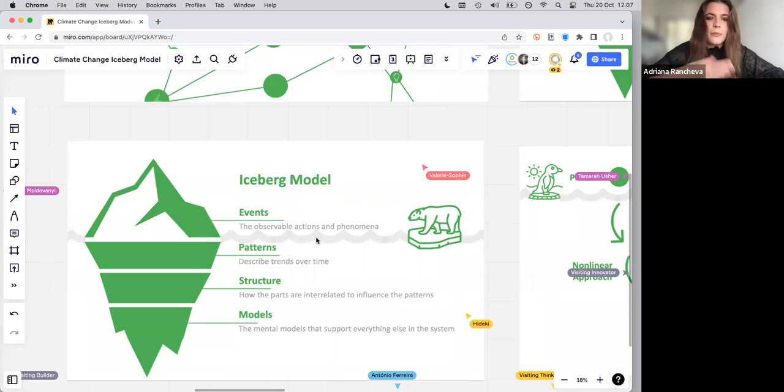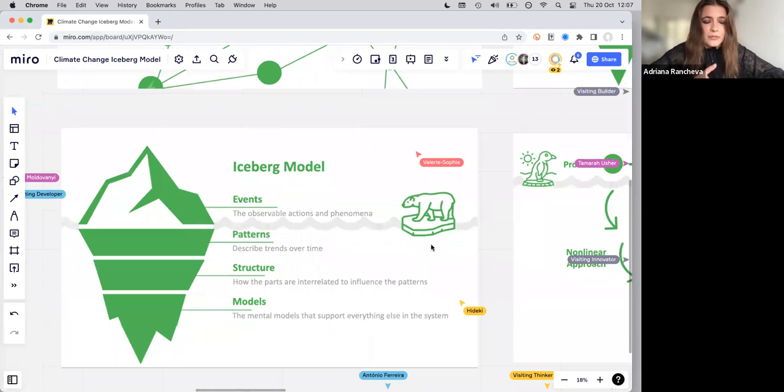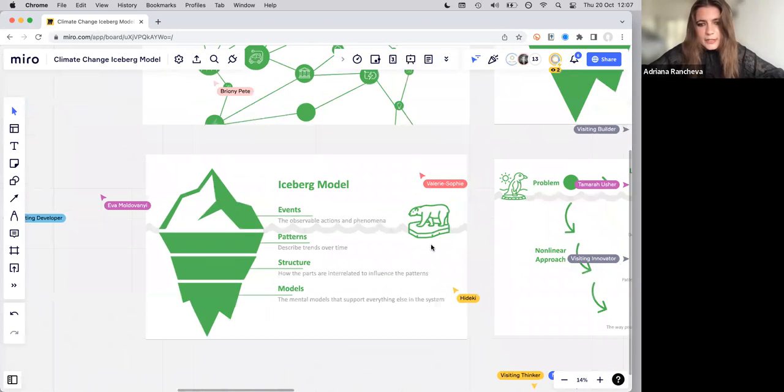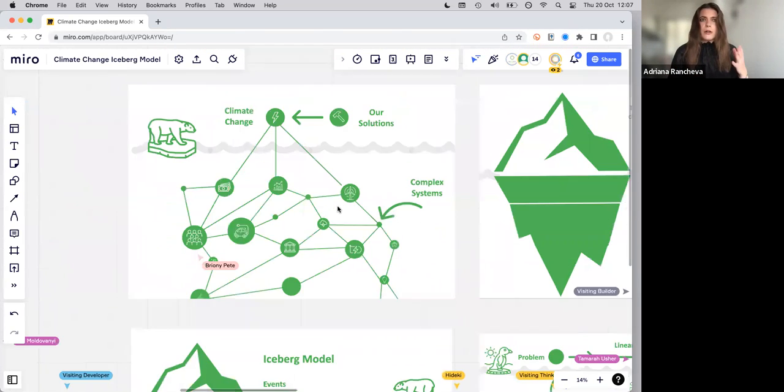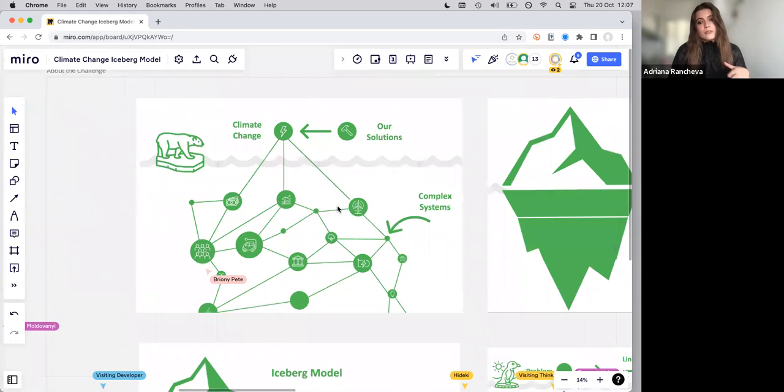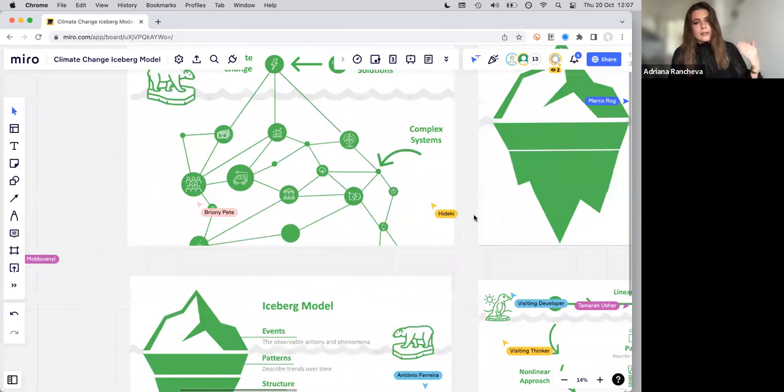Therefore, there is much more below the surface, and what it looks like may be surprising. So just like an iceberg, a large percentage of what is going on in our world is hidden from view, and the iceberg model tries to make this explicit by depicting it as a series of layers that sit below what we observe every day.